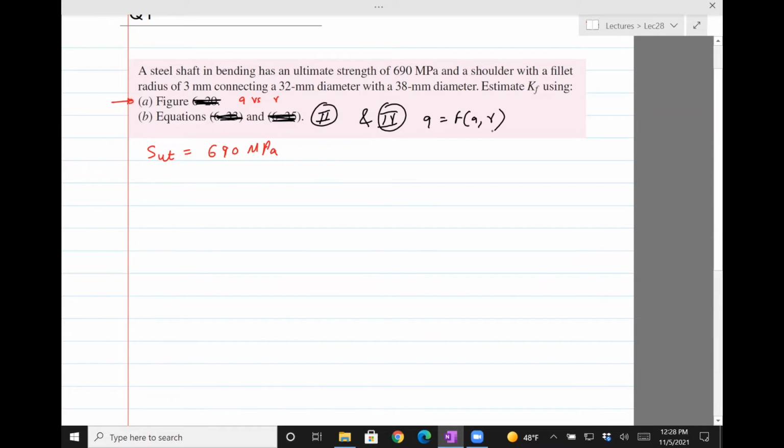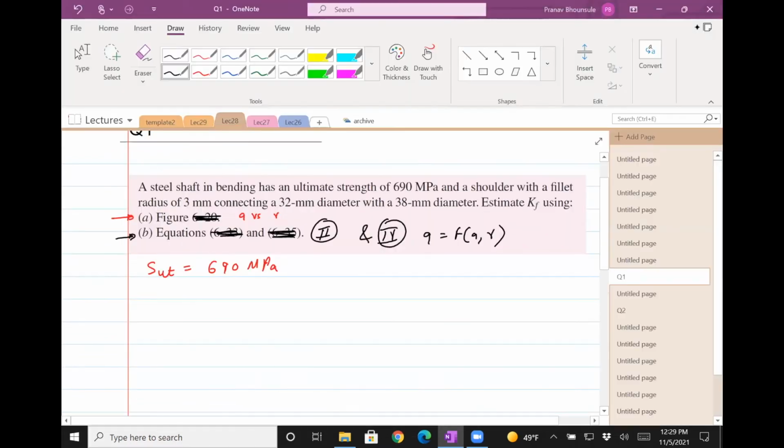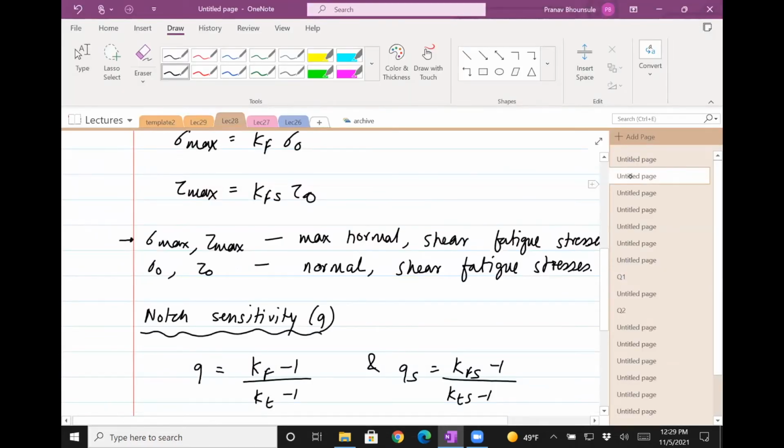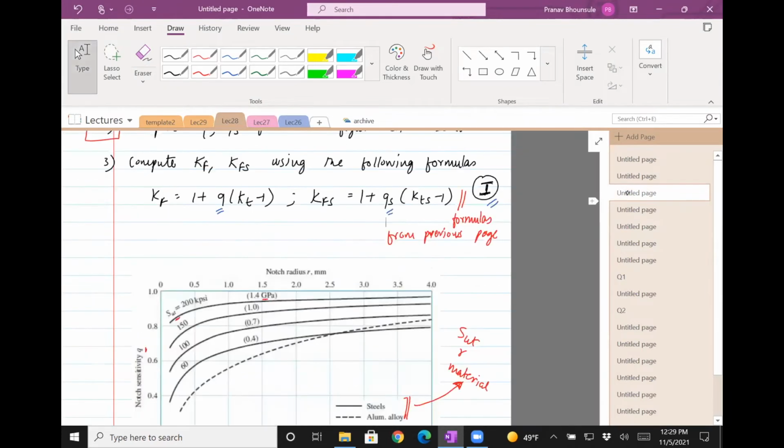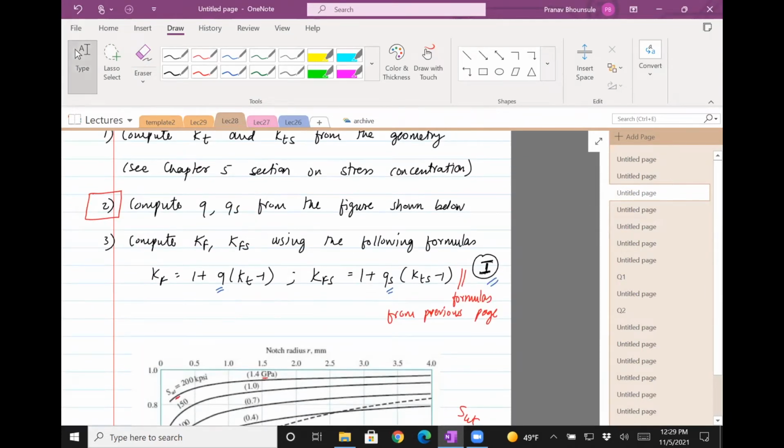So we're just trying to see if we get the same answer if you use the figure versus using that formula. That's the point. And then there's something else which is kind of important here: how do you estimate KT? Because remember, in the algorithm, we need to first estimate KT. I can actually copy paste that section, and then it's easier to follow that methodology to solve it. So let me take this.